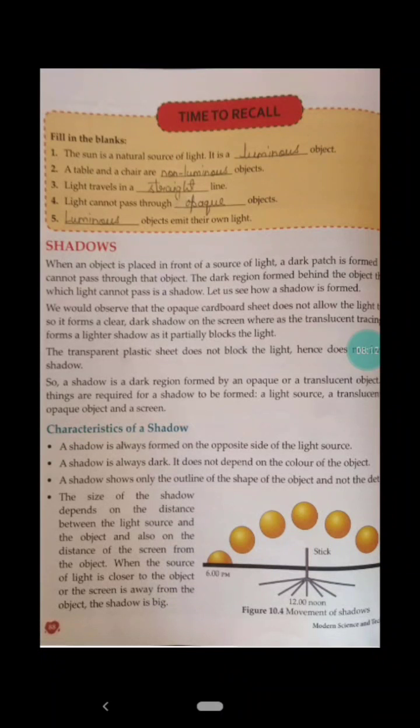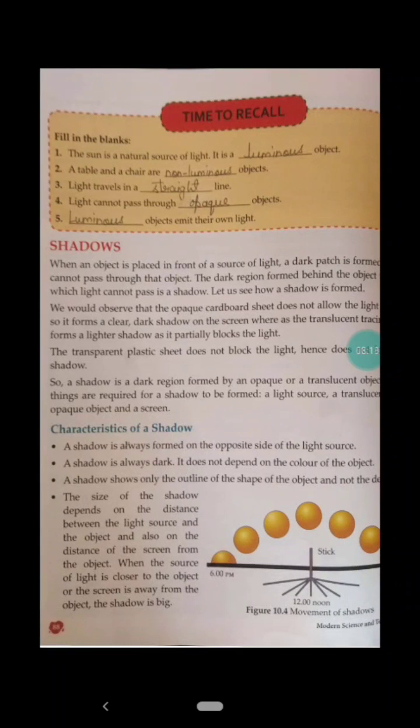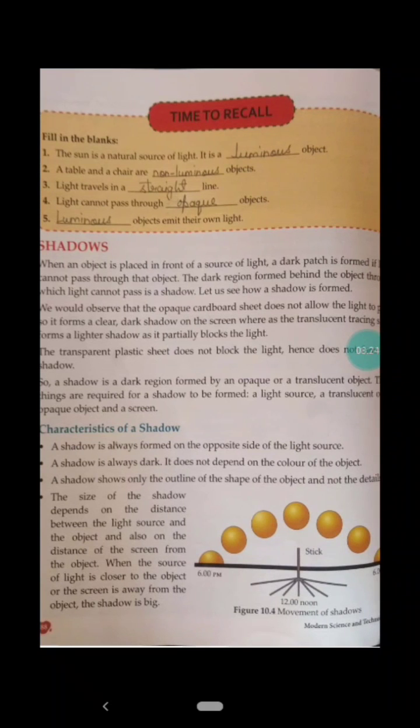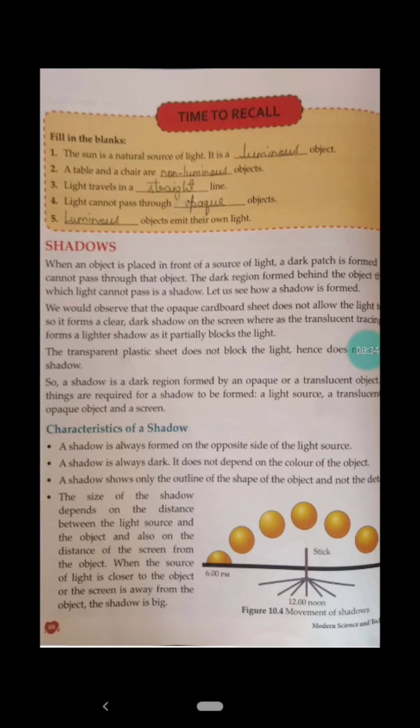So a shadow can be formed only by a translucent object or an opaque object. After that, a shadow is a dark region formed by an opaque or a translucent object. And what are the things required to form a shadow? A light source is necessary, a translucent or an opaque object, and a screen where the shadow will be formed.